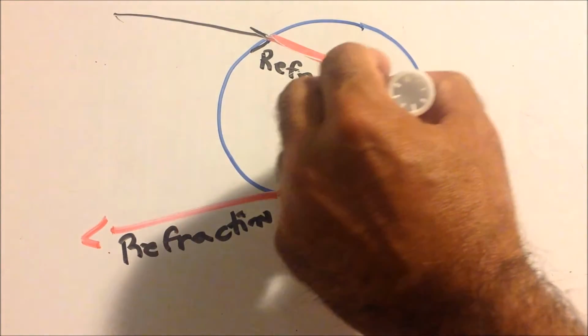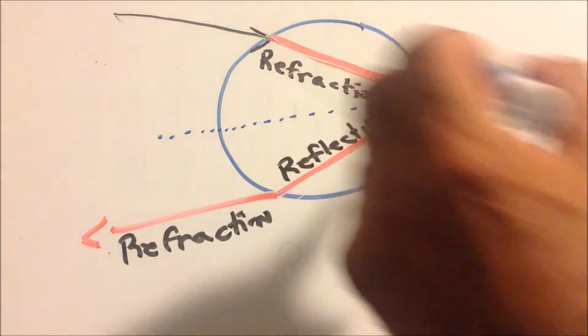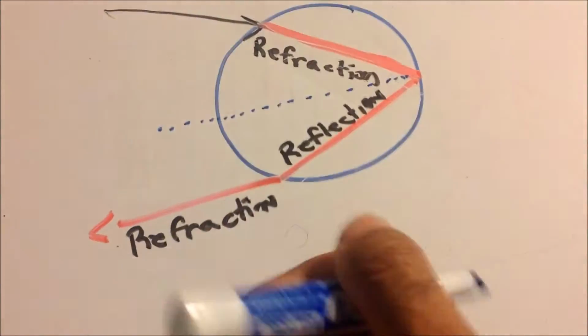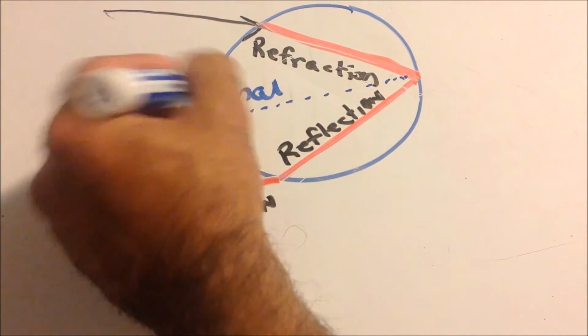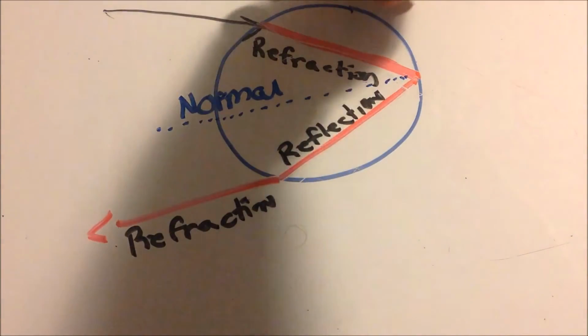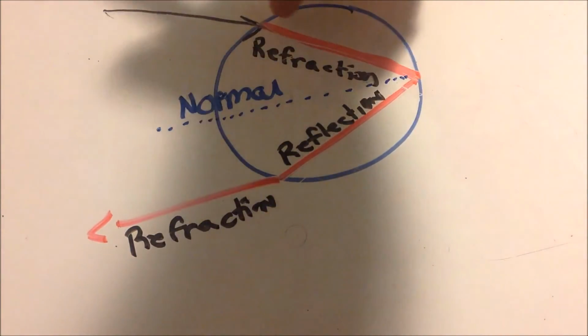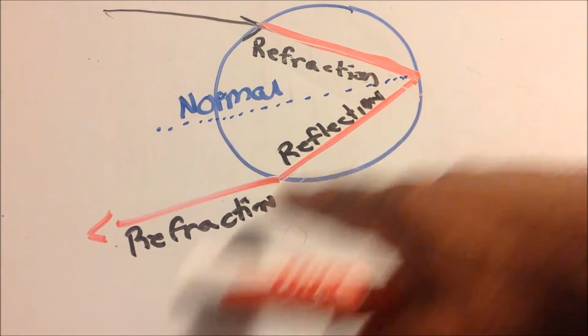if you notice in the middle, there'll be this dotted line. The line is called the normal line. This is the normal line. Again, this refraction line is called the line of incident. This is the line of incident. This is the normal line, and this is the line of reflection.